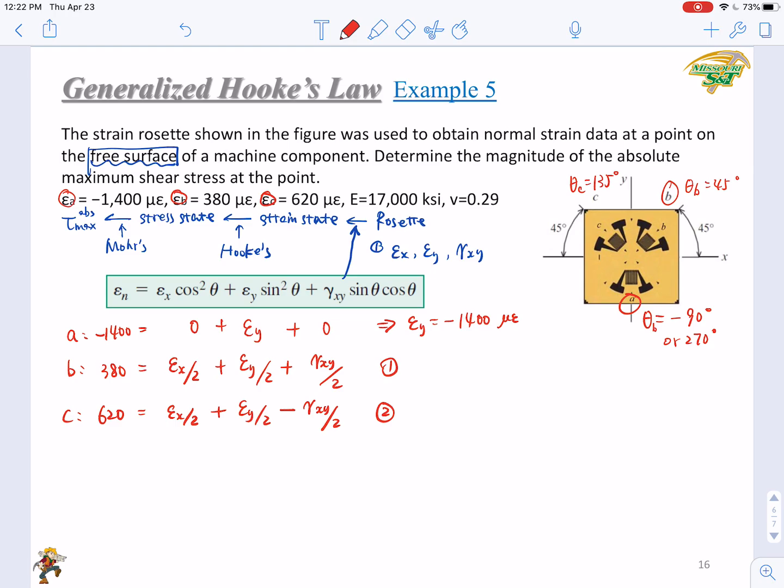Then you can see here you have a plus and minus in equation 1 and 2, so you can do a sum, equation 1 plus equation 2. On the left-hand side you will get 380 plus 620, 1000 equals epsilon x plus epsilon y.